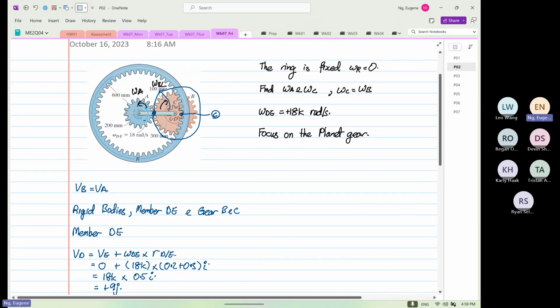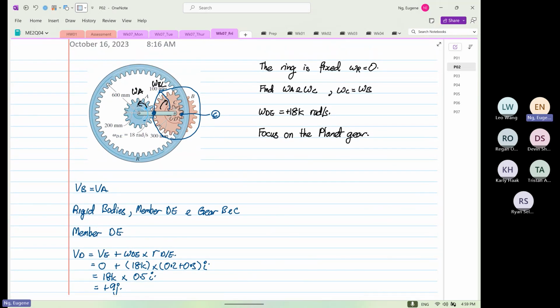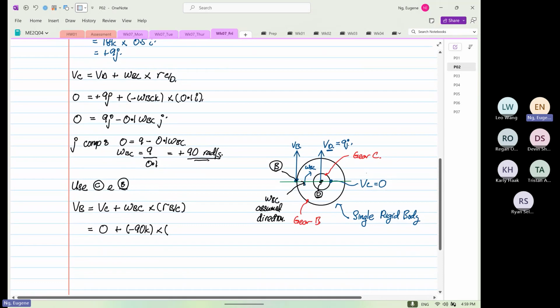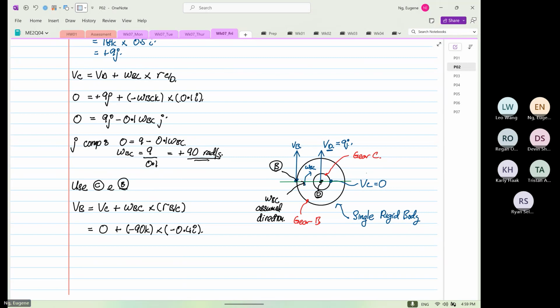So B, okay, so this is equal to 0.3 plus 0.1, 0.4. Okay. So B 0.4, C minus 0.4 I. Okay. So 90.